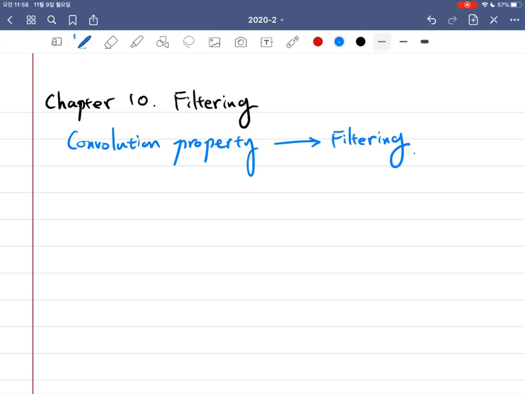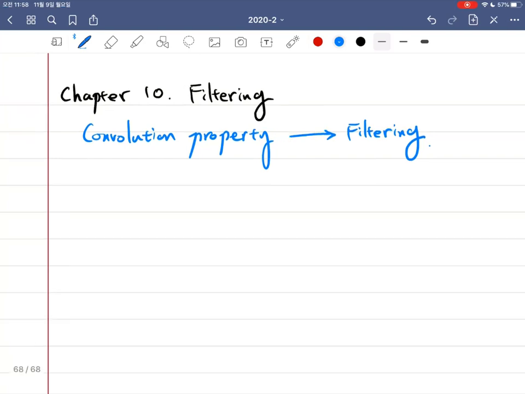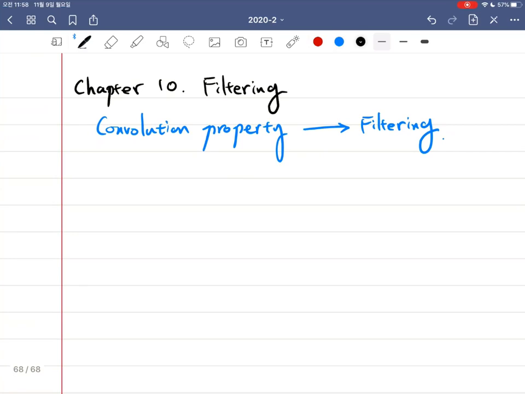So before moving on to the filters, I would like to quickly remind you about the convolution property.